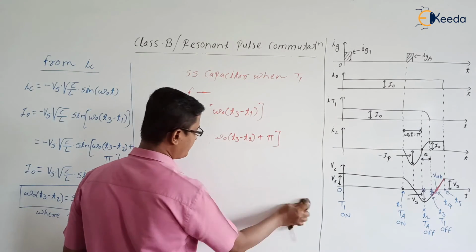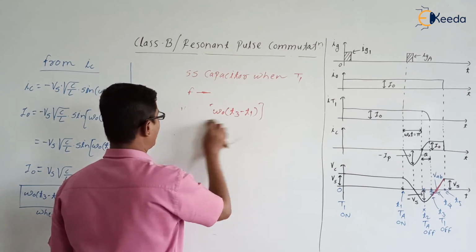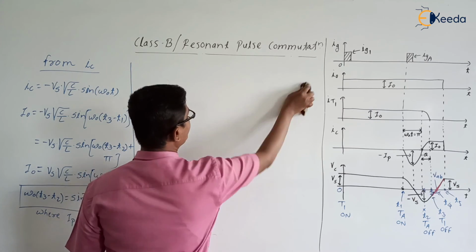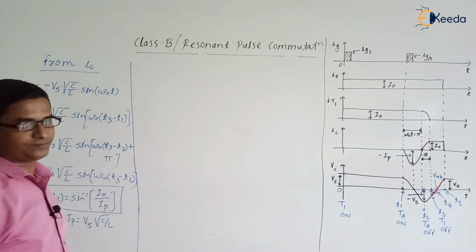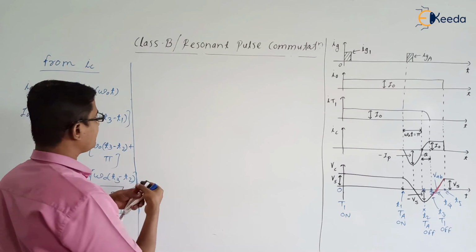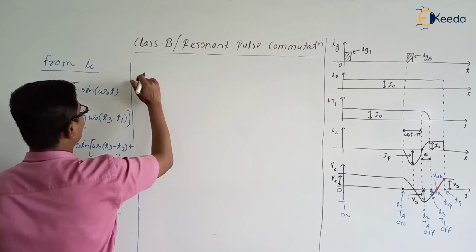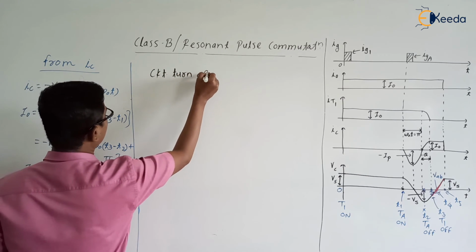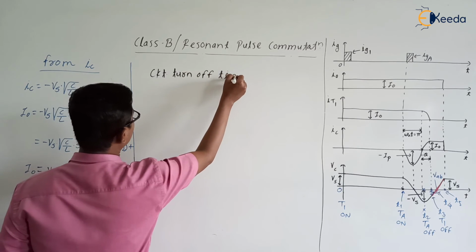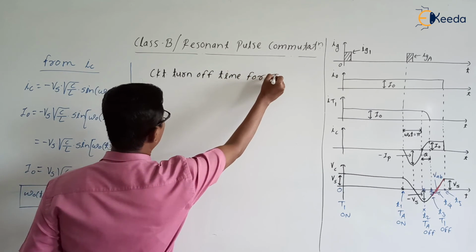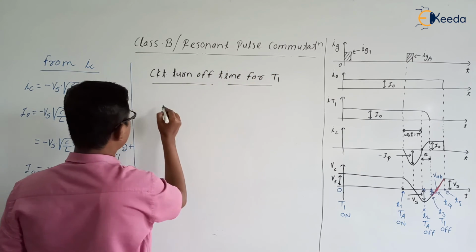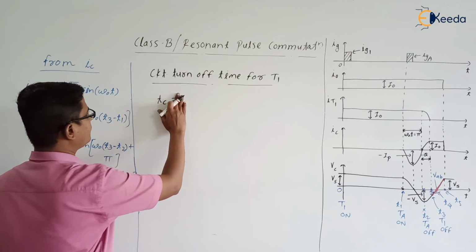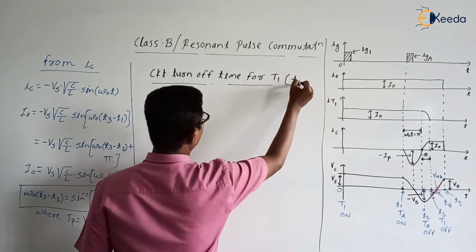T4 minus T3 is nothing but the circuit turn-off time for thyristor T1, generally represented with TC. We need to derive the expression for TC.